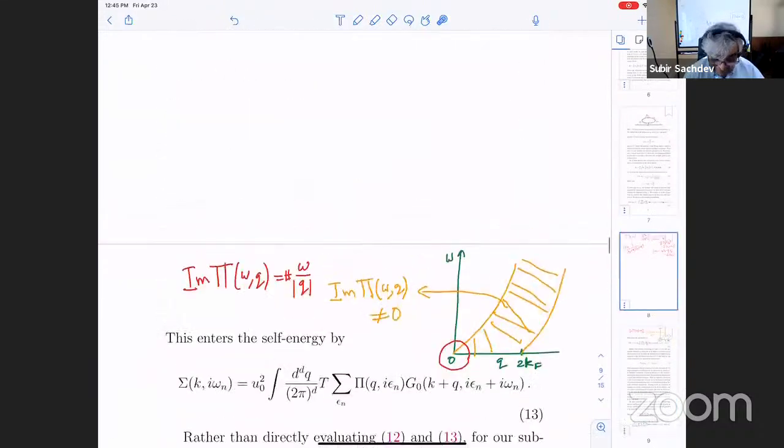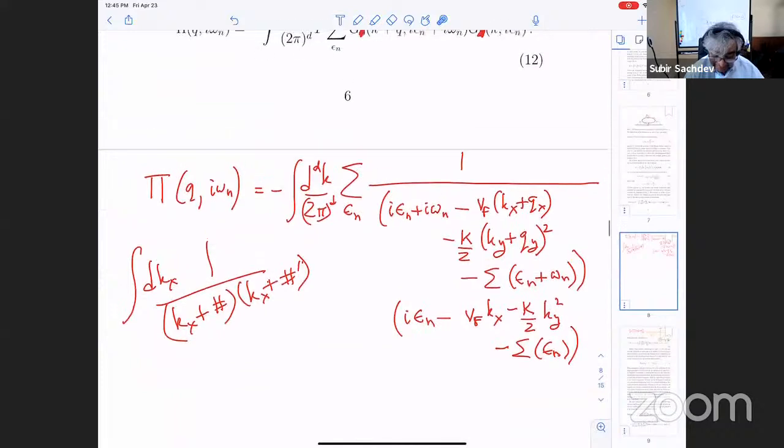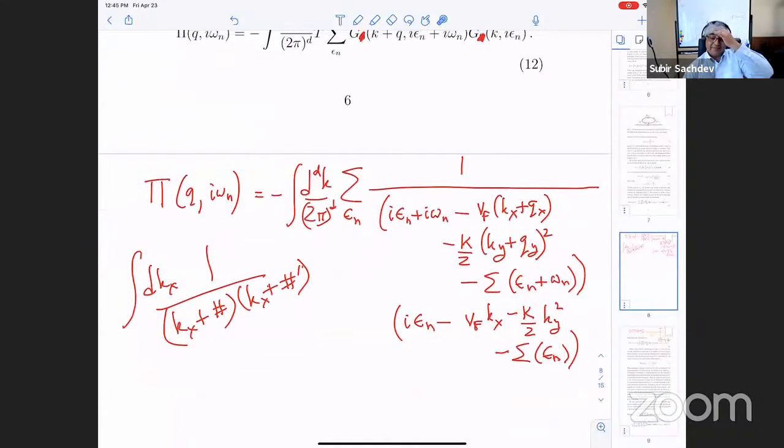Okay, and then the first thing I see is that in fact, for a large number of values, this is just 0. It can be 0 if this object here has the same sign as this object. Because if they have the same sign, then suppose they're both positive and imaginary, then the pole is in the upper half plane of kx, because kx is vf times this, and this divided by vf.